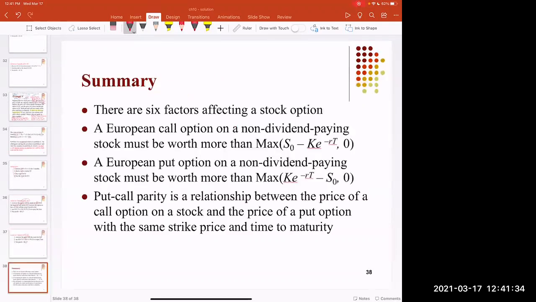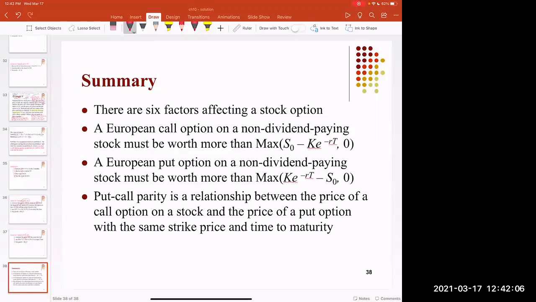Okay, summary. In this chapter, we talked about 6 factors affecting the stock option. We didn't cover all the factors, but you need to read the book to understand the notes, positive and negative, what that means. A European call option on a non-dividend paying stock must be worth more than the lower bound.